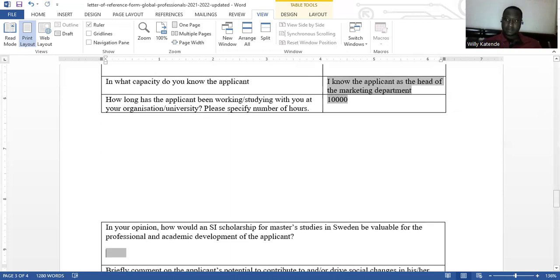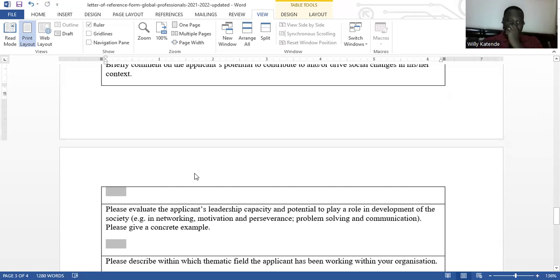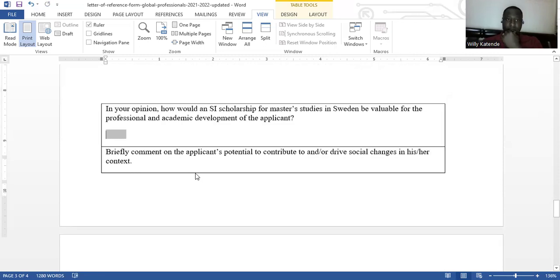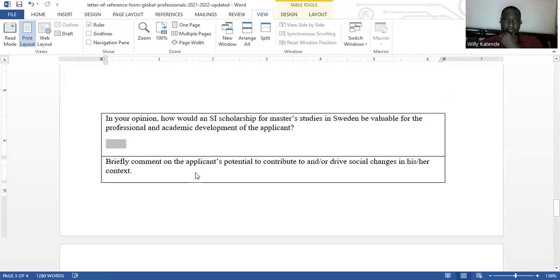Then you continue. Now, these are the questions that are very, very important as far as the success of your application is concerned. They're asking the referee, in your opinion, how would an SI scholarship and master's studies in Sweden be valuable for the professional and academic development of the applicant?